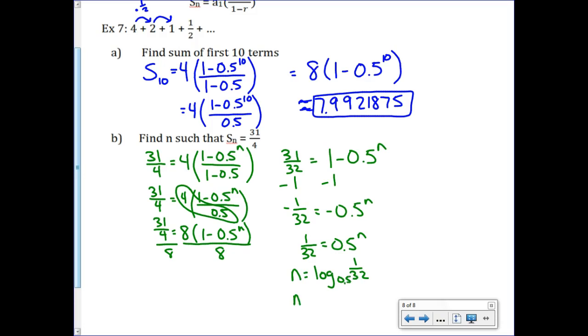So remember, you can use your change of base to put that in your calculator. And we get n equals 5. So what that means is if you add the first 5 terms together, you would get 31 over 4.